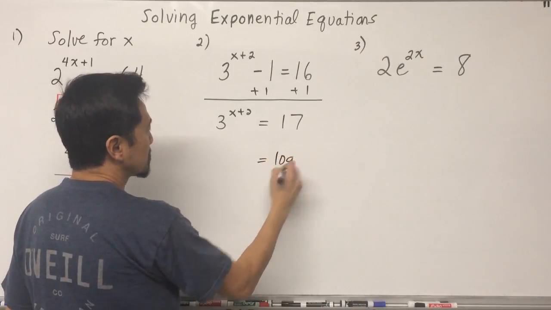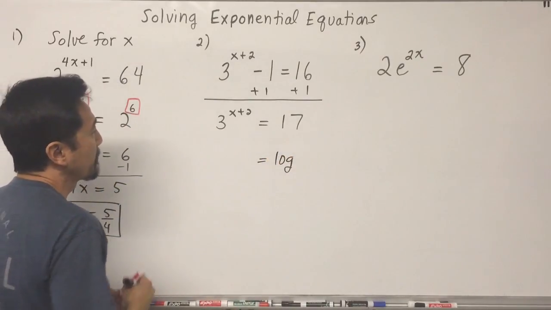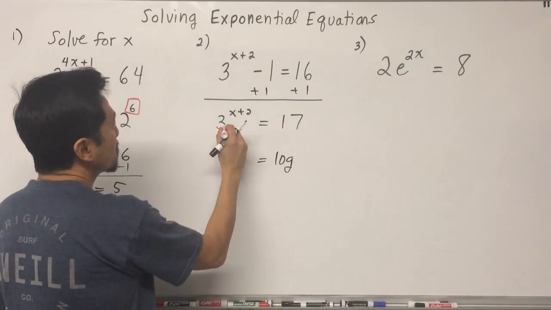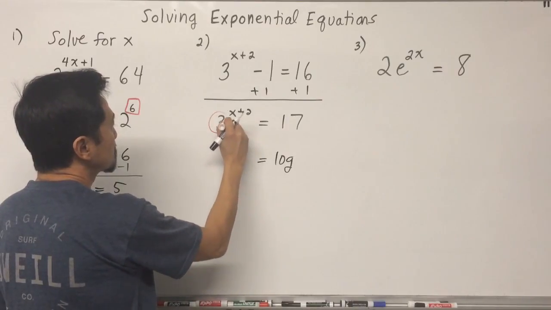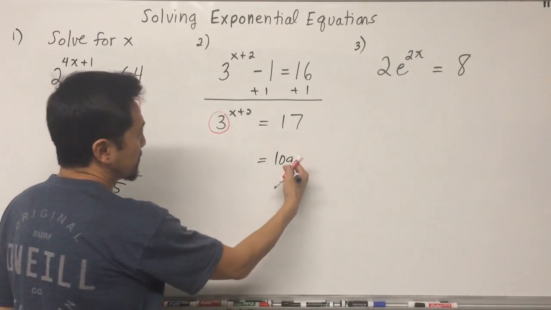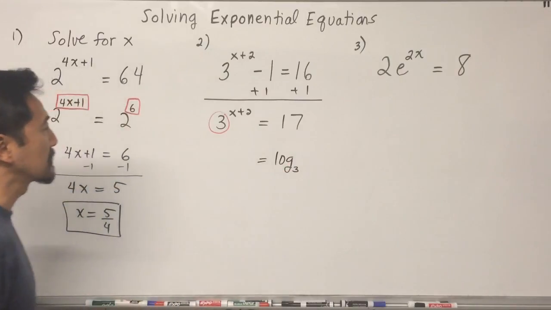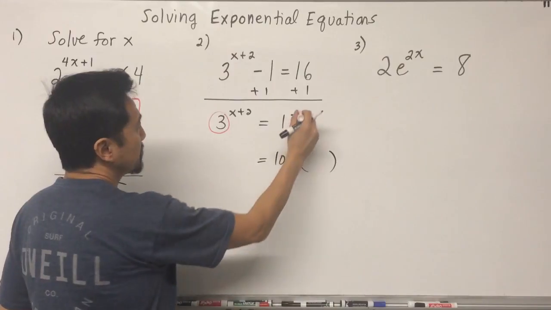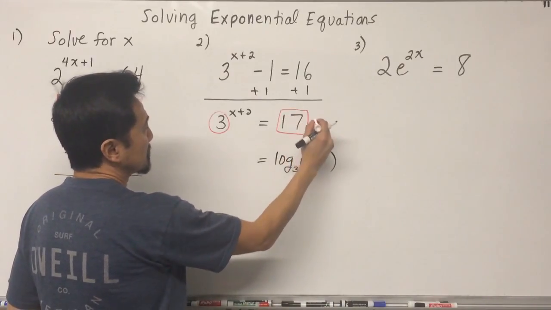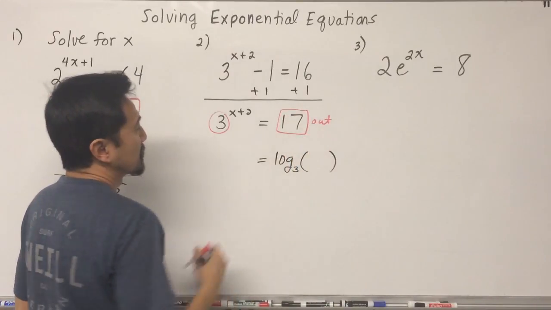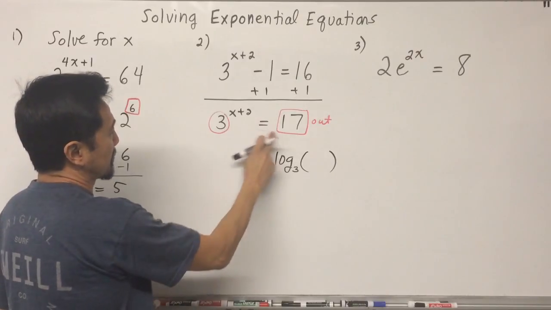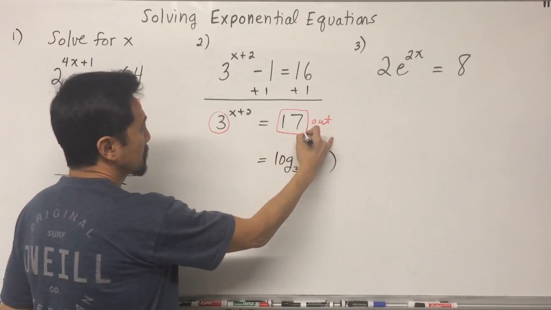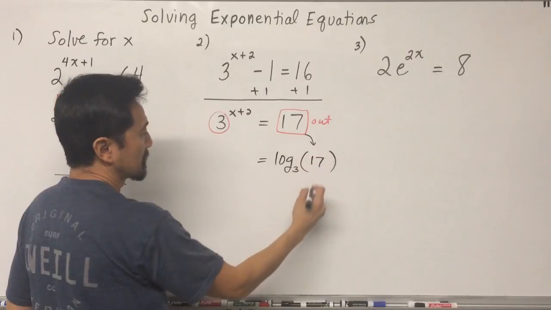I'm going to rewrite this in logarithmic form. The 3 here is the base of the exponential, so now it will become the base of my log. And this 17 is the output for the exponential function, and now it's going to be the input for the log.